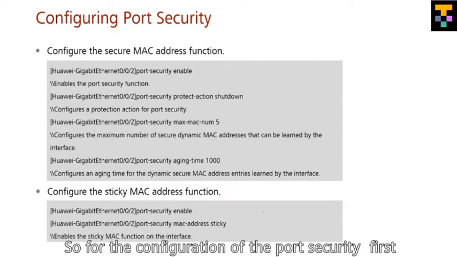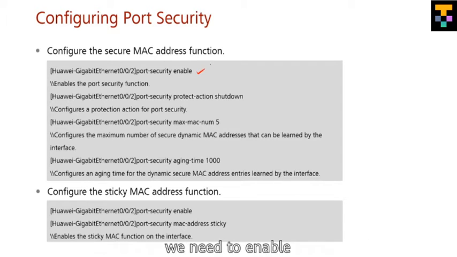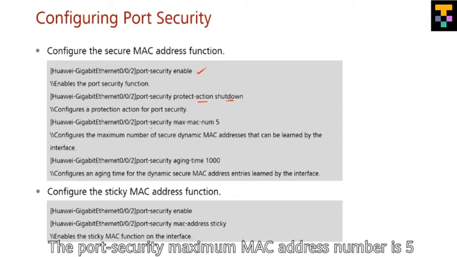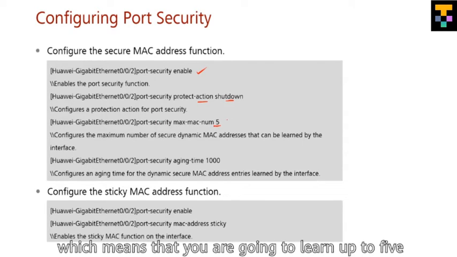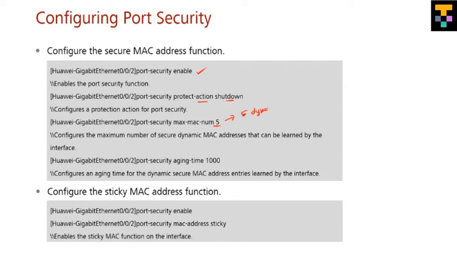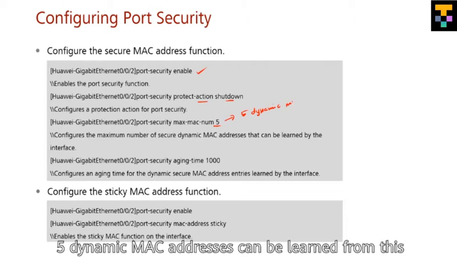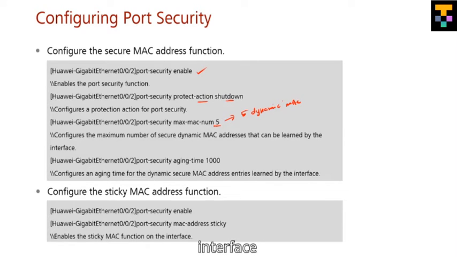So for the configuration of port security, first we need to enable it and specify the protect action, which can be defined as shutdown. Then port security maximum MAC address number 5 means up to 5 dynamic MAC addresses can be learned from this interface.